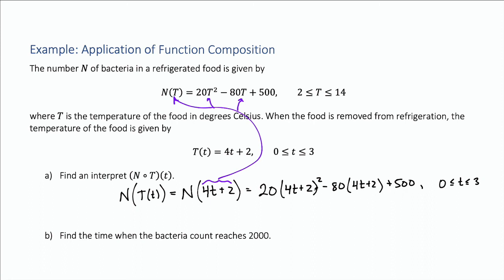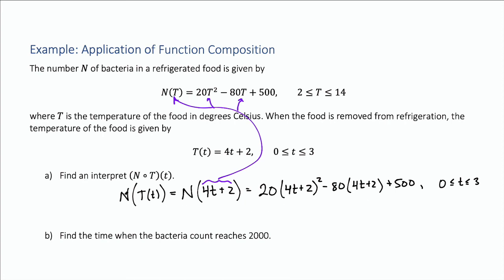We could go ahead and multiply all this out and combine some like terms to write a simplified form. I'm not going to worry about that right now because I trust that you can multiply things out. It takes a little bit of time, but it's not too bad. So there's our function. We want to interpret this.